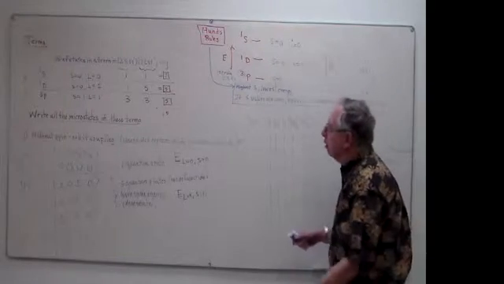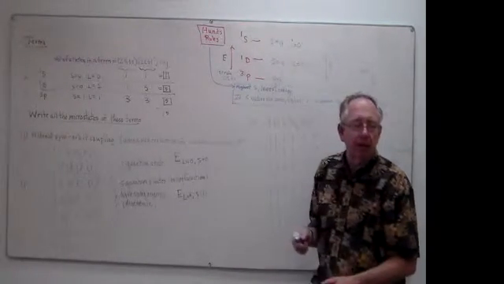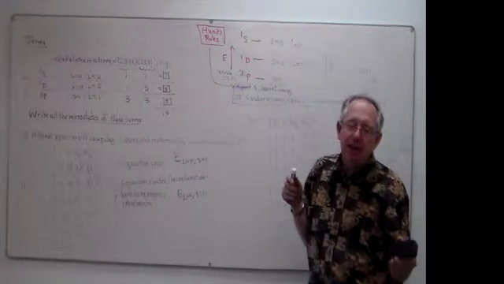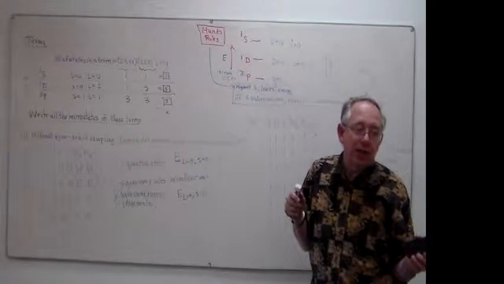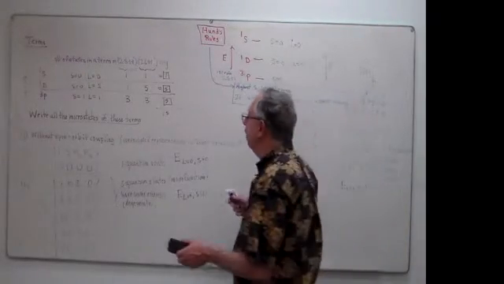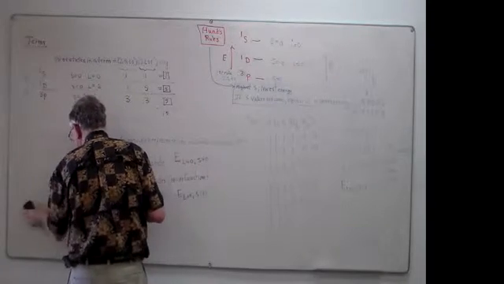Okay, so this is without spin orbit coupling. But now I'm going to show you spin orbit coupling. There'll be 15 of them again, but they'll be in a totally different way. So this is the uncoupled representation.